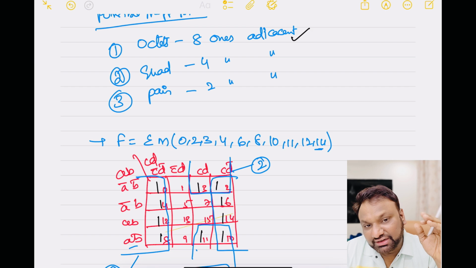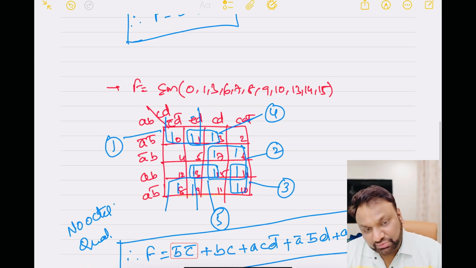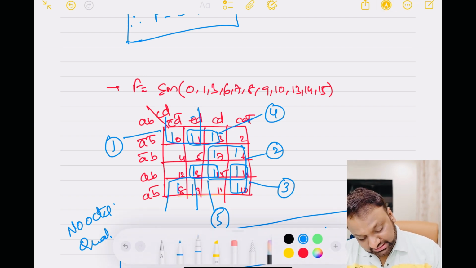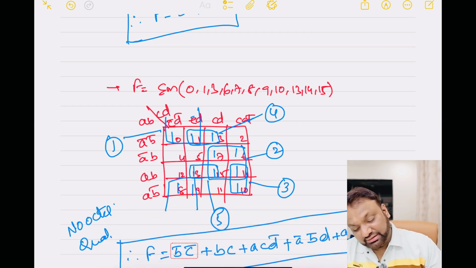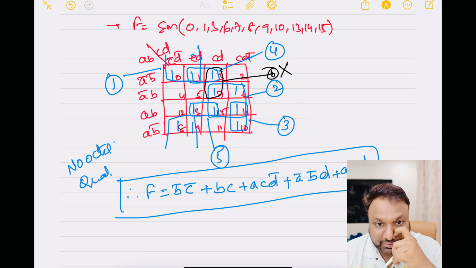Some people, just for your understanding, will map again even though 3 and 7 are already mapped, and they write a pair, but that is wrong. There is no need of mapping once again.